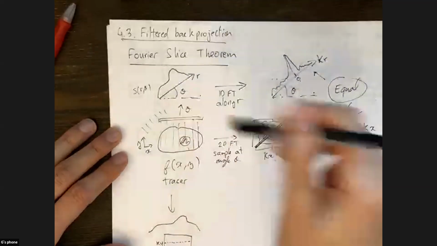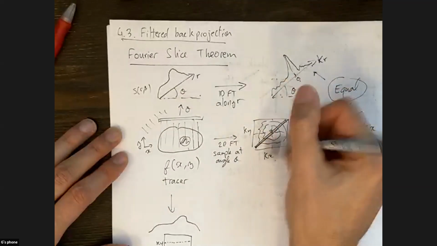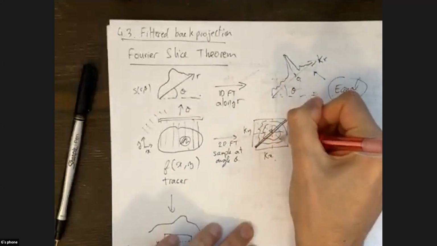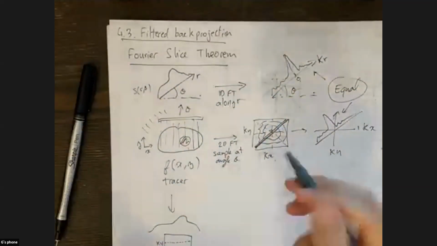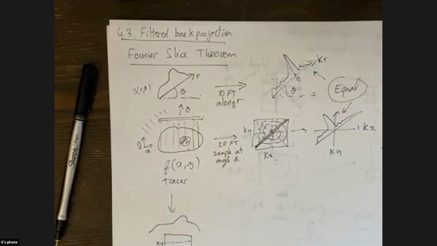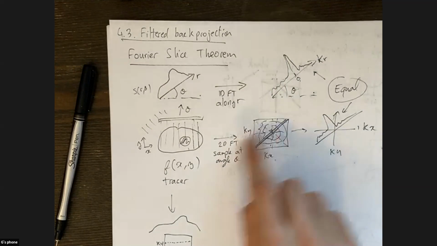If I change the angle, I'll get information about the spectrum along a different line. So each time we take a different projection at a different angle, we're sampling the two-dimensional spectrum of the tracer distribution at a different angle. And so by collecting information for all the possible angles, we can build the full spectrum of our tracer distribution.